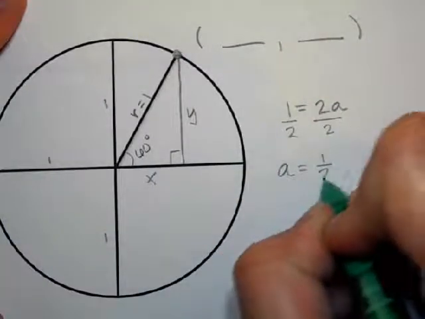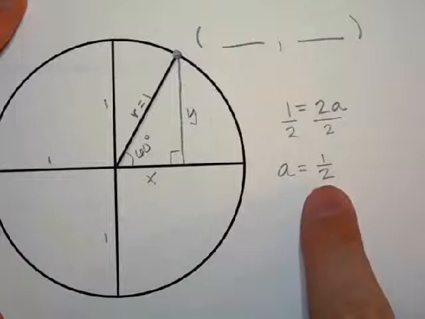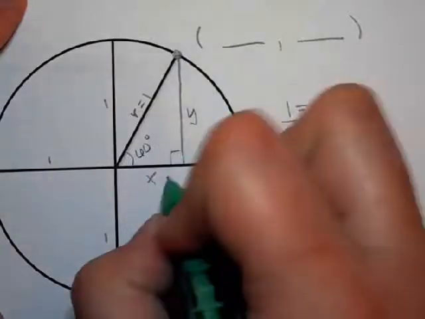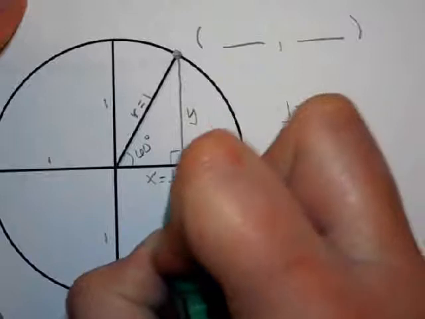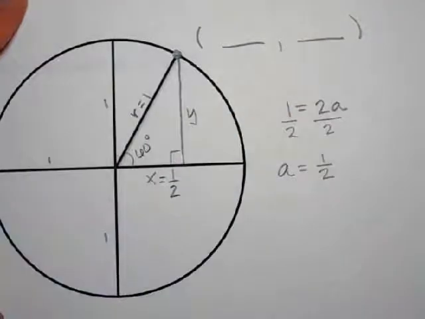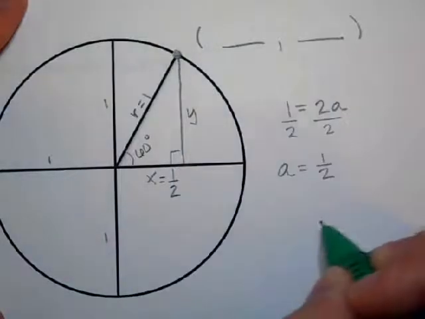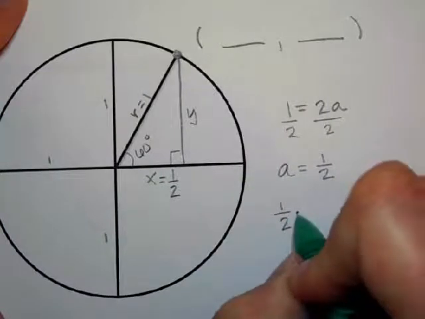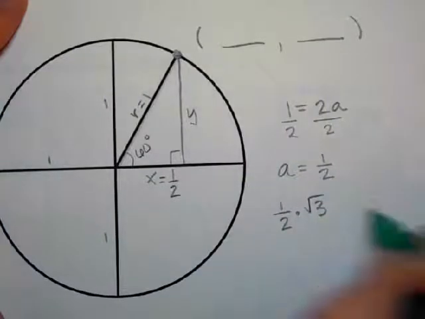Should we still say y equals 1/2? No, this time what do we get? X equals 1/2. Okay. And then what do we get for y this time? Root 3 over 2. So this time the y is the a times root 3. So we're going to do a times root 3, and that gives us root 3 over 2.